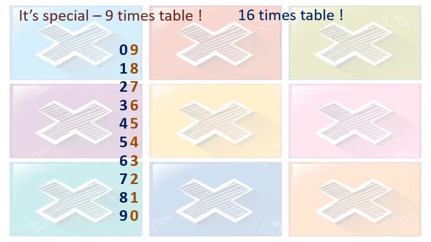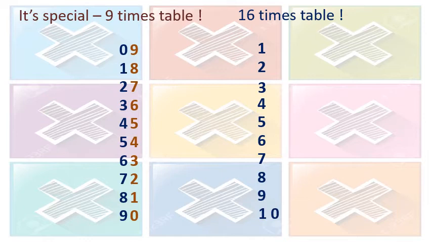And then we will write a table for 6. First we will go to write the table for 1. Okay, 1 ones are 1, 1 twos are 2, 1 threes are 3, 1 fours are 4, 1 fives are 5, 1 sixes are 6, 1 sevens are 7, 1 eights are 8, 1 nines are 9, 1 tens are 10. Okay, this is over.